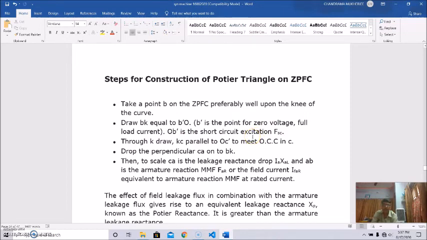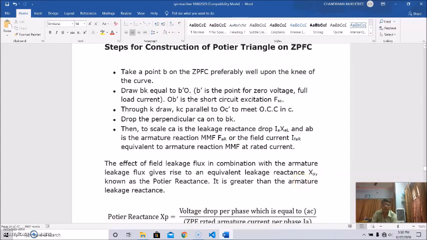Through K, draw KC parallel to OC dash to meet the OCC in C, and drop a perpendicular CA on BK. Then, to scale, CA is the leakage reactance drop IAXL, and AB is the armature reaction FAR, or the field current IFAR, equivalent to armature reaction at rated current.